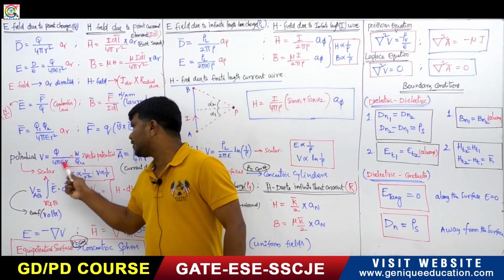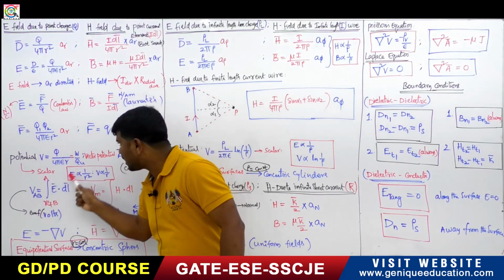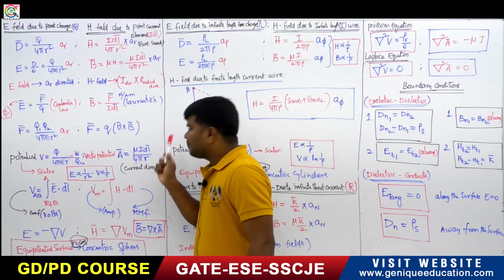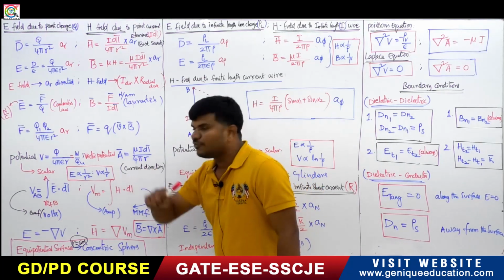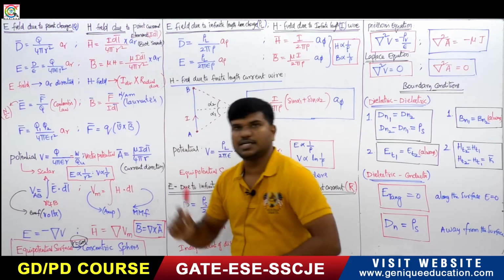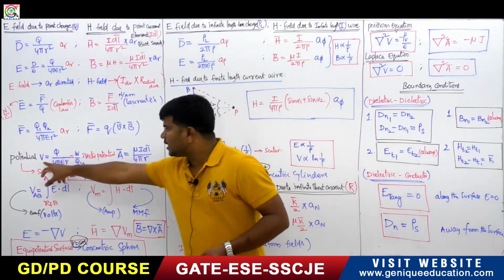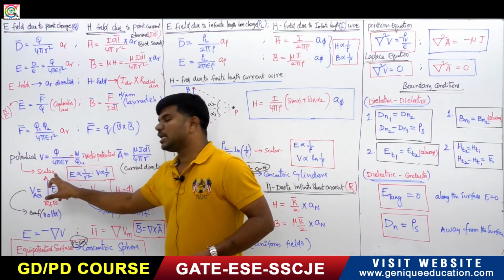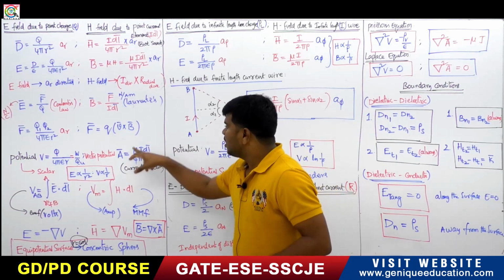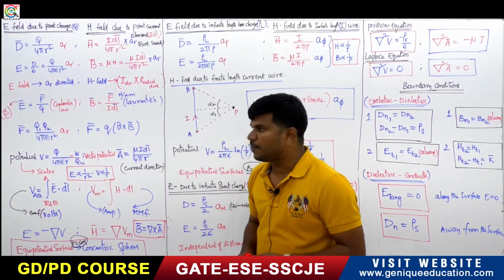V is equal to Q divided by 4 pi epsilon R. This is a scalar quantity, you must remember. And vector magnetic potential is a vector quantity. In the name itself, it is saying that it is a vector, but it is defined for magnetic fields. Observe this. The electric potential is defined by Q divided by 4 pi epsilon R. Here the vector magnetic potential is defined by mu IDL divided by 4 pi R.